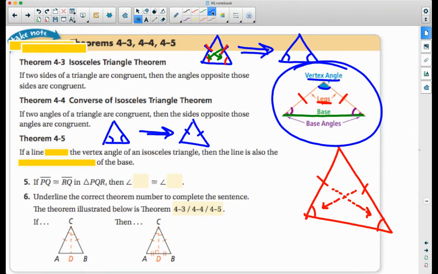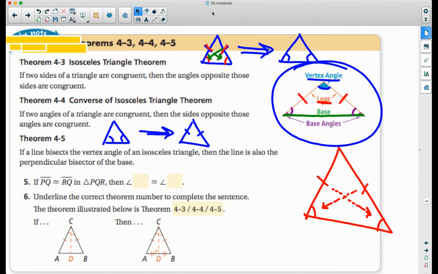Theorem 4.5 says, if a line bisects the vertex angle of an isosceles triangle, then the line is also the perpendicular bisector of the base. All right? Okay, so let's think about what that one says.